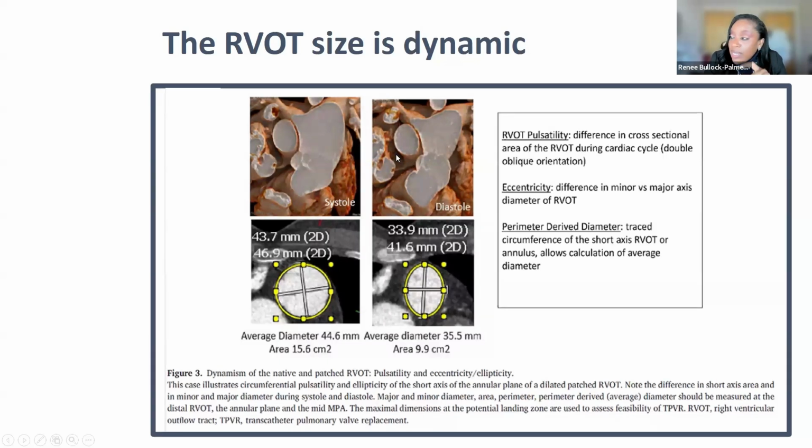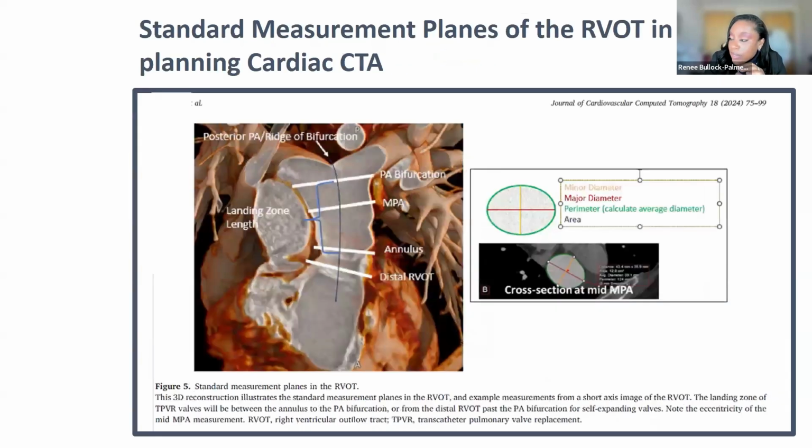Realizing that the RVOT is dynamic, it expands in systole and contracts in diastole, so making those measurements in both phases is important. We usually measure at the distal RVOT, the annulus, the main pulmonary artery, and also the pulmonary artery bifurcation.